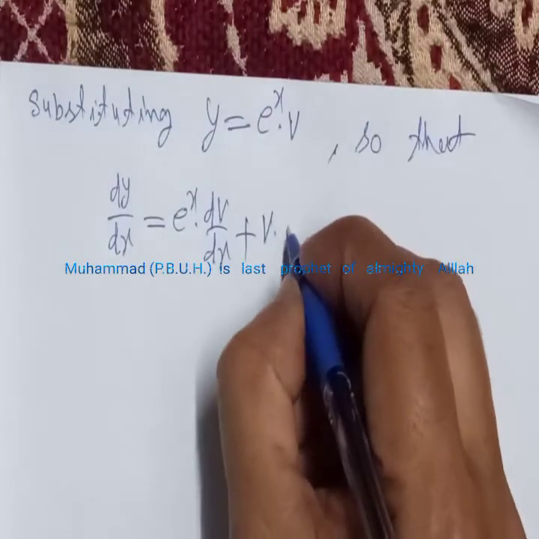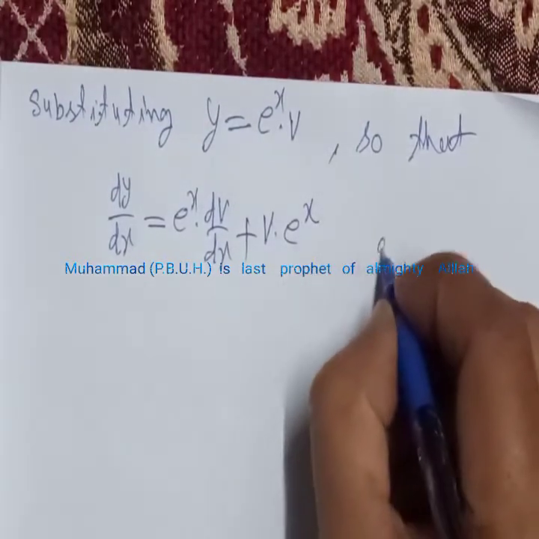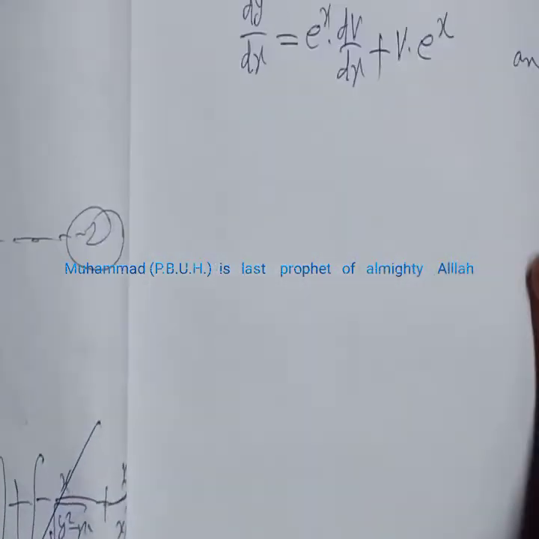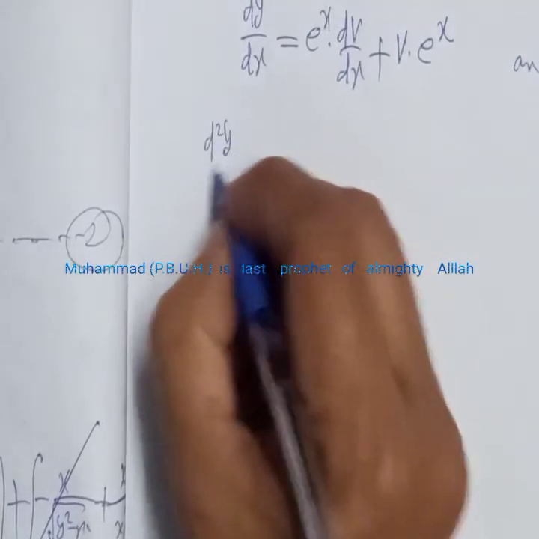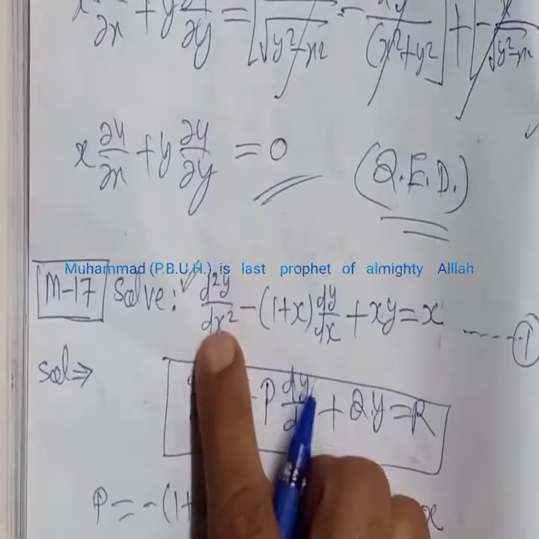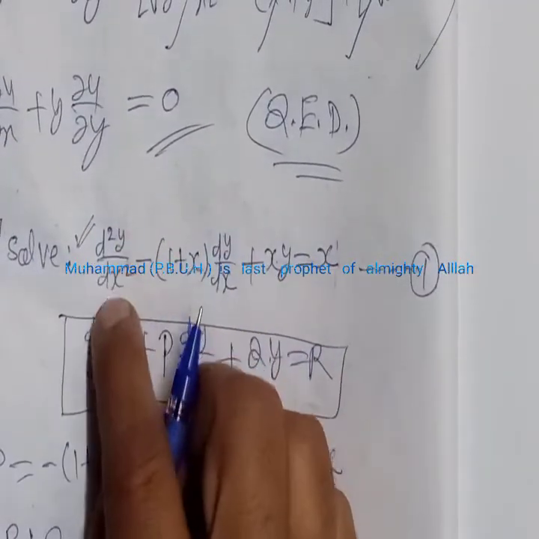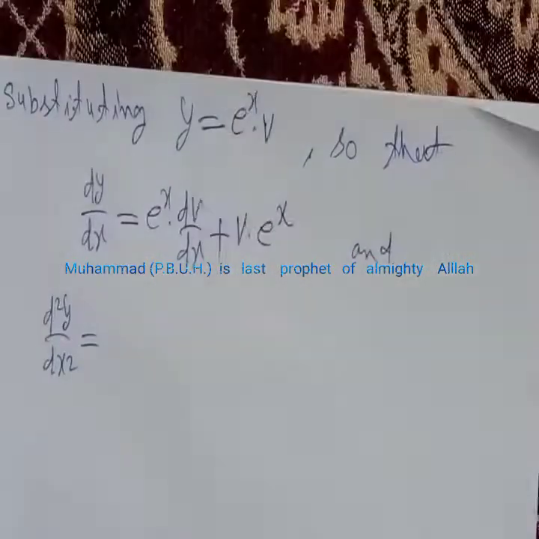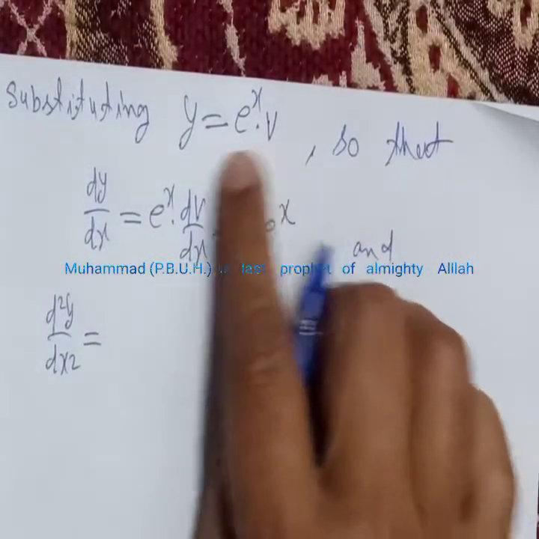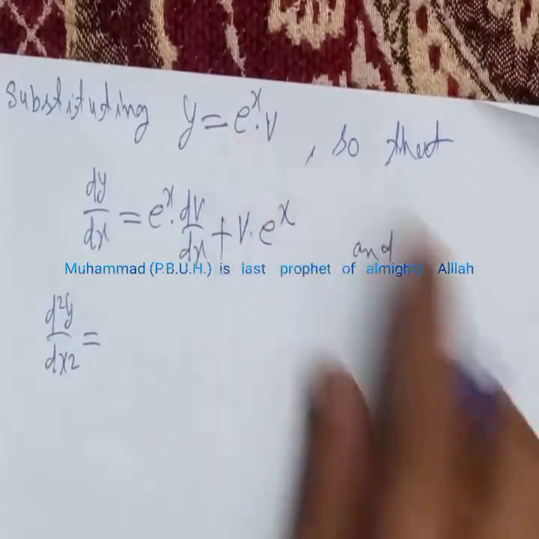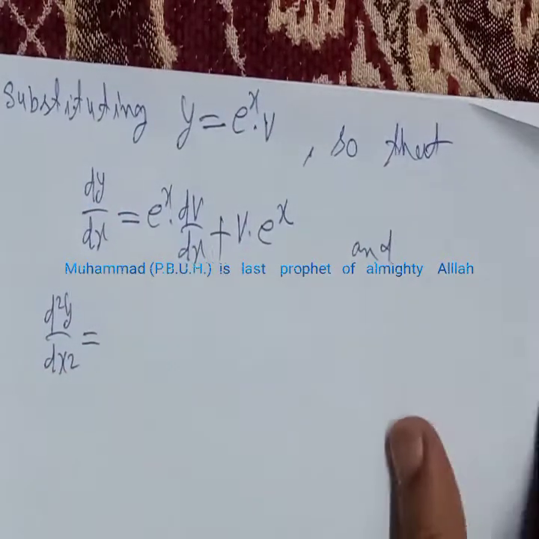Differentiation of e to the power x equals e to the power x. We should also find the value of d2y over dx square, so that we can put in equation 1 the values of y, dy over dx and d2y over dx square.